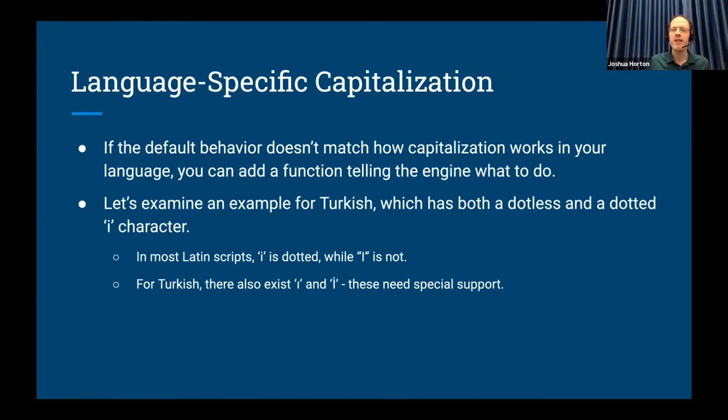Also, we have the dotted lowercase i, and then a dotted capital I, which go together. So this definitely differs substantially from the standard Latin script. We need to do something special to make this work, and we need to do it without the locale-friendly methods that not all devices support, unfortunately.